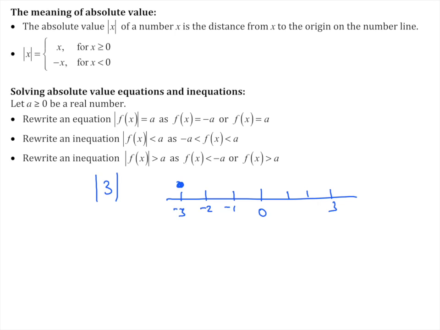So minus 3 and plus 3 on the number line are 3 units away from the origin, and that's fine. We can extend that concept further, and I'll do that later. Let's get into our example.